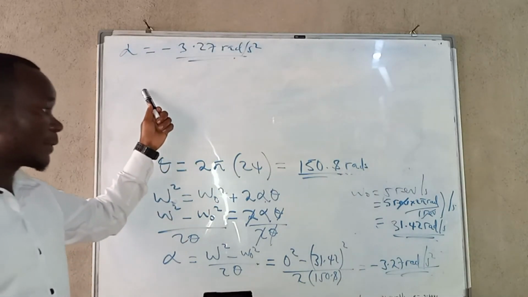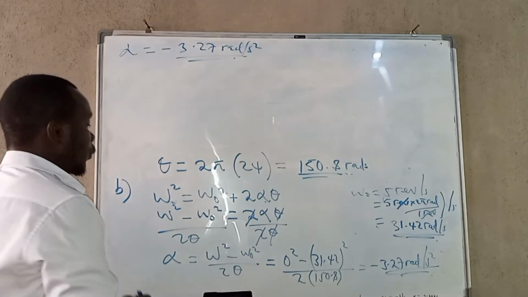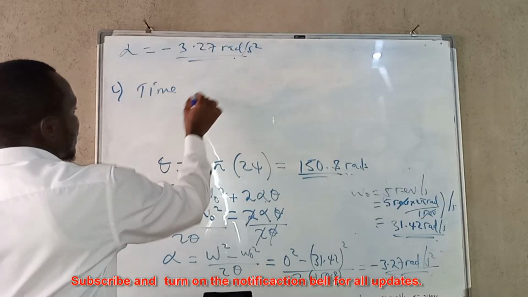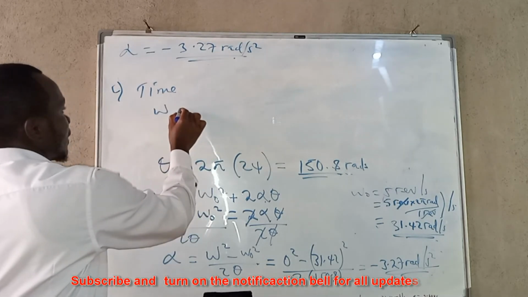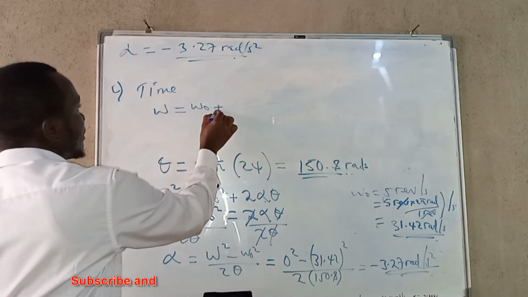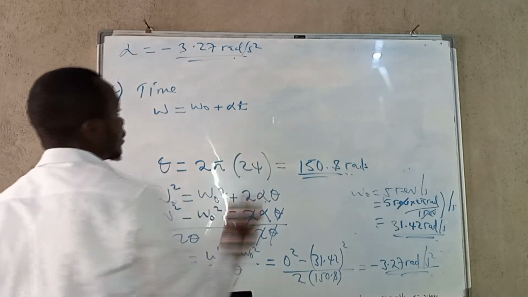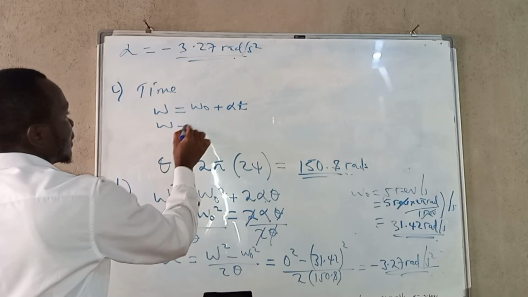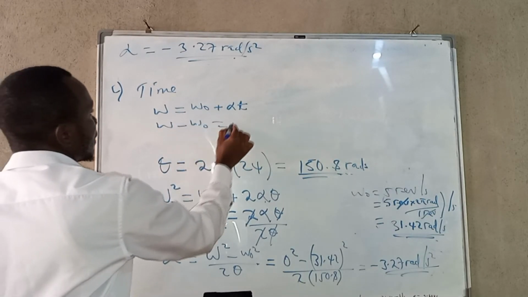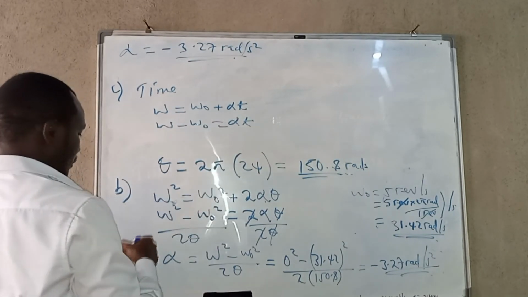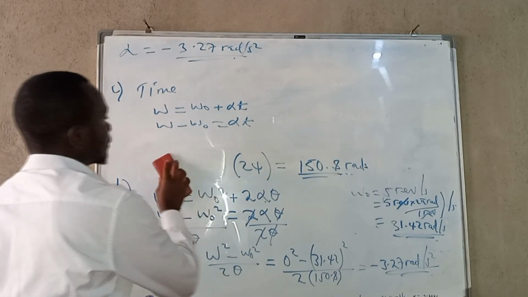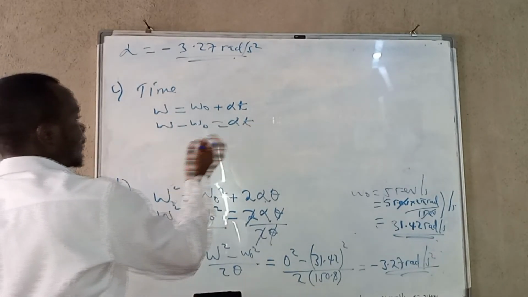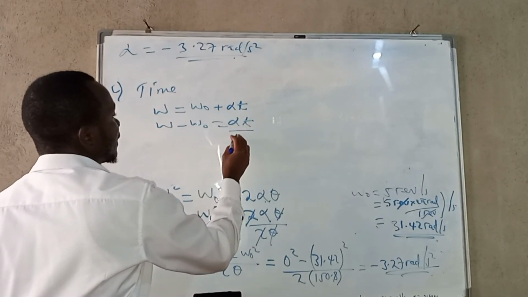So from this point, we now find the time taken to come to rest. We know that omega is equal to omega initial plus alpha t. We make t the subject, so t equals omega minus omega initial over alpha.